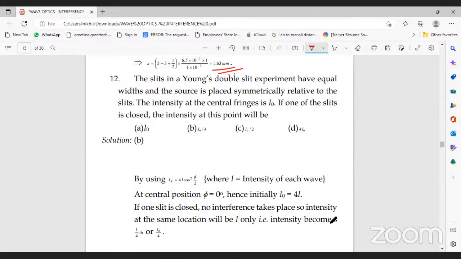What is the intensity at the central fringe? I naught. If one of the slits is closed, what will happen to the intensity? Look at the concept here. You know intensity is directly proportional to square of the amplitude.